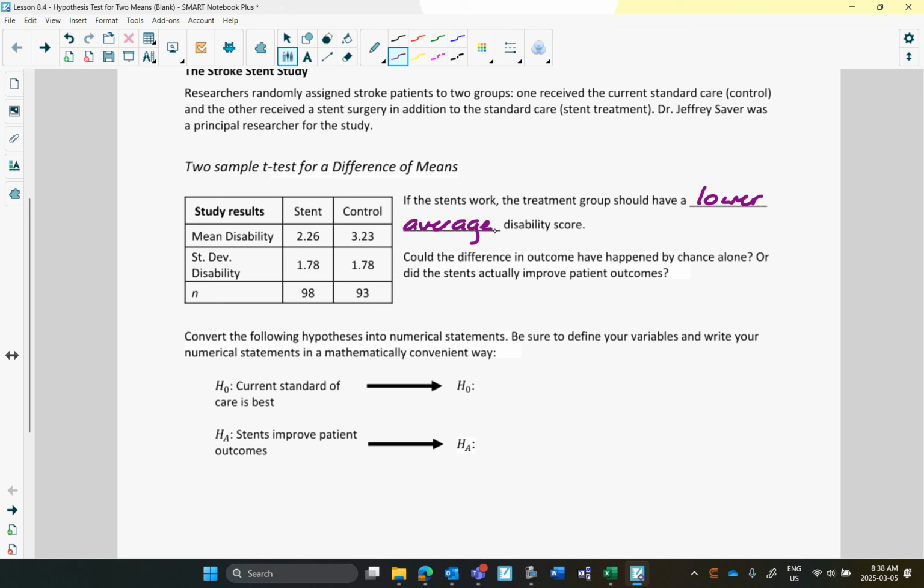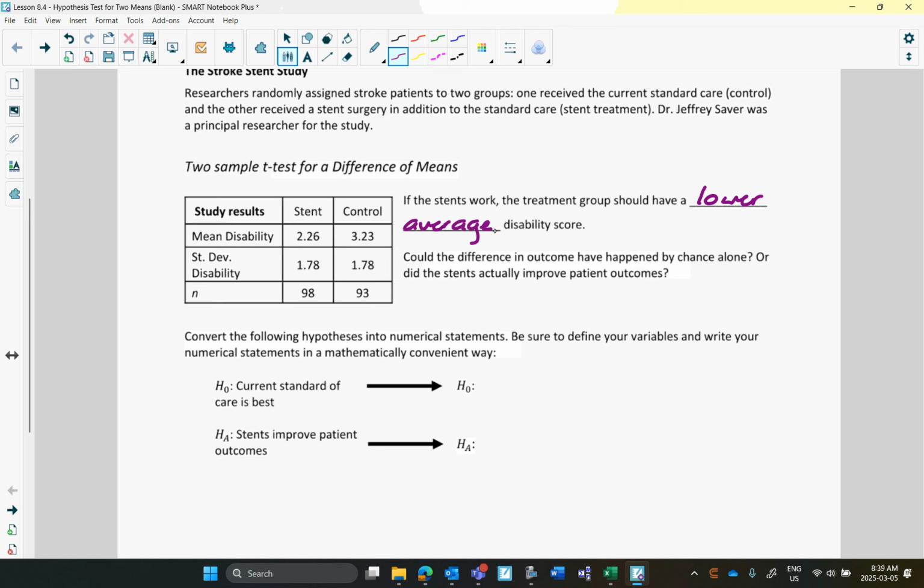Higher is worse. So just by looking at the mean disability scores, we see the stent group had a lower average disability score. So that suggests that seems to be better than just standard care.